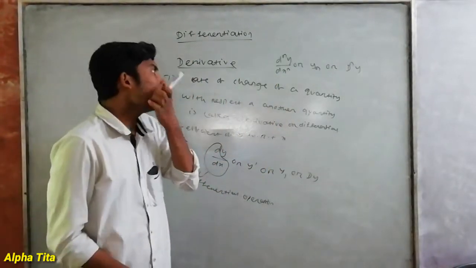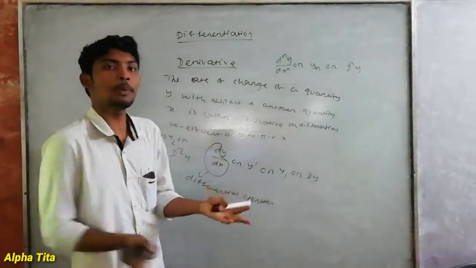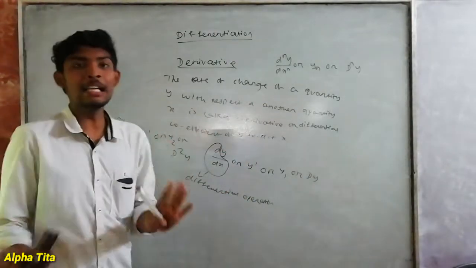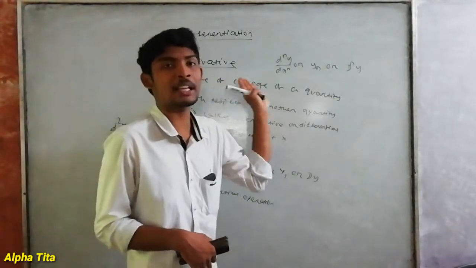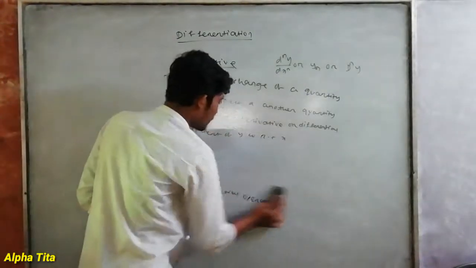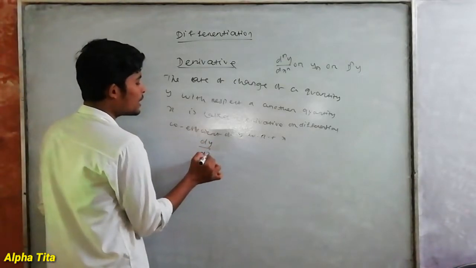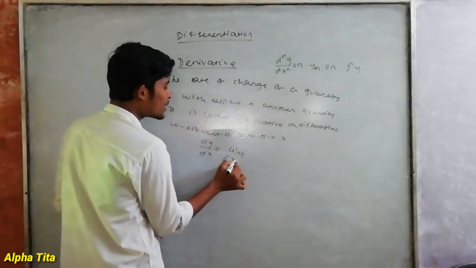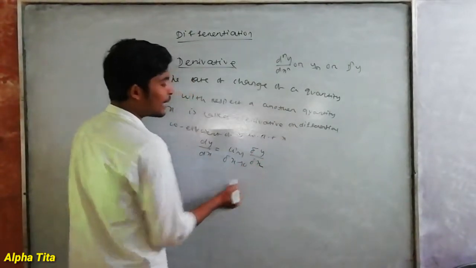So how do we define the derivative in terms of limit? Before this class you have studied limits. Today we define the derivative using limits. We know dy by dx is the limit as delta x tends to 0 of delta y by delta x.